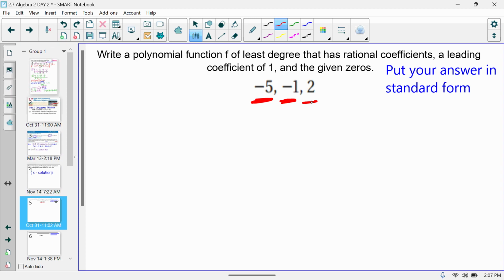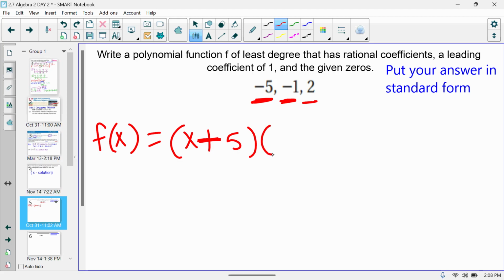So let's write an equation in factored form first, because I know that if a solution is -5, the factor will look like technically x minus -5, but we don't write that. We just change it to x plus 5, right? Again, think about it, because if you fill in -5, -5 plus 5 is 0, right?